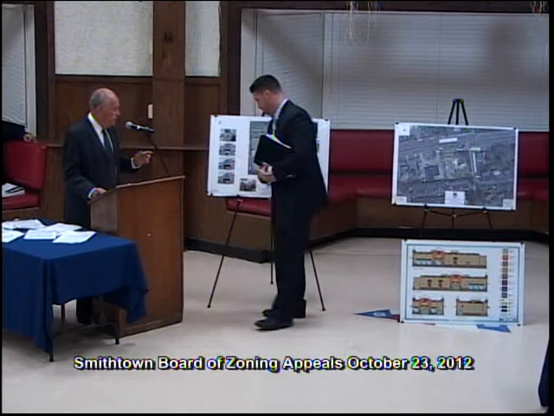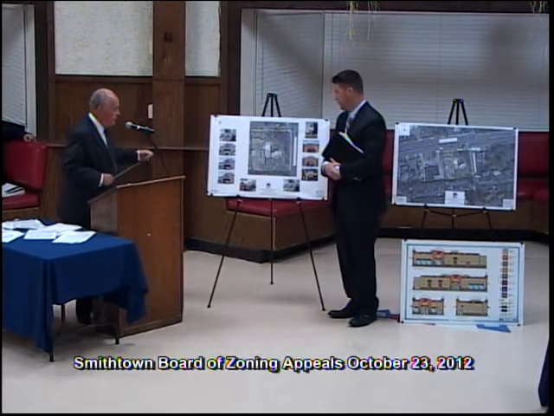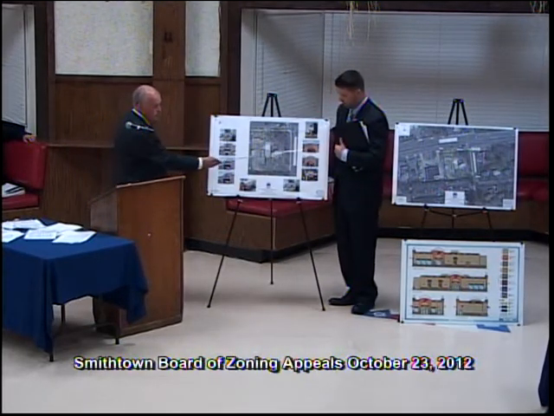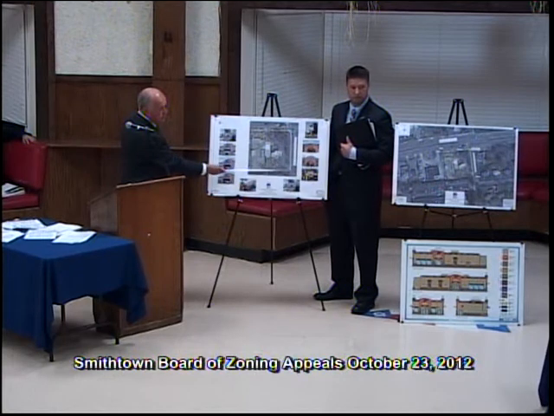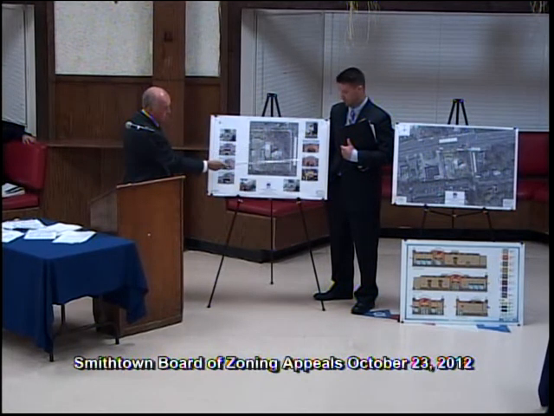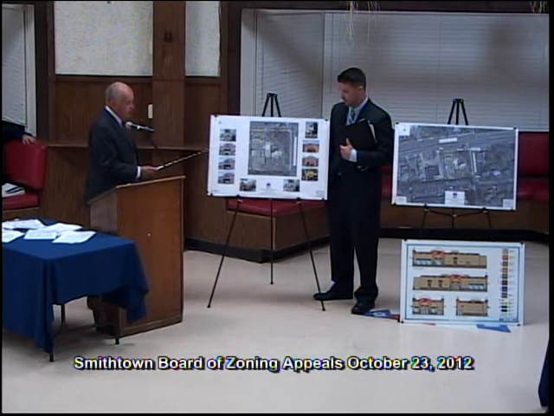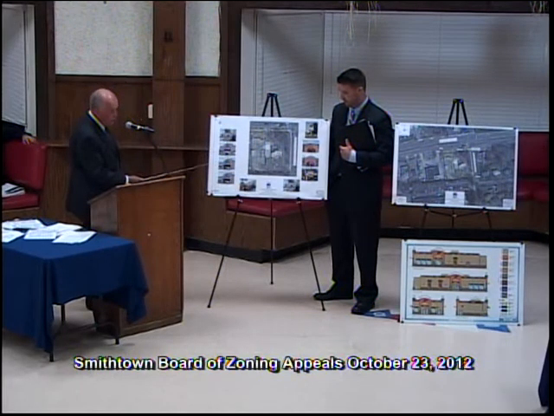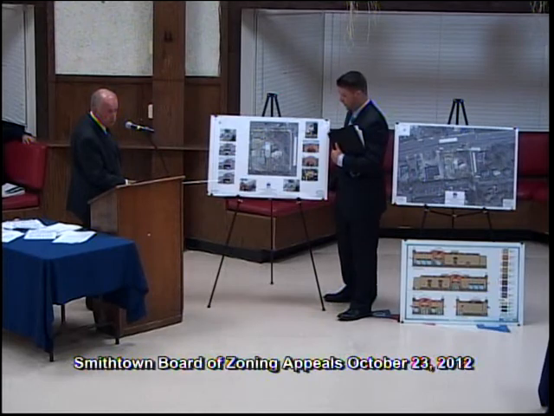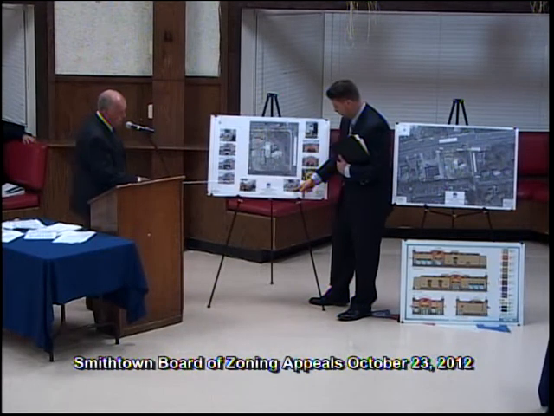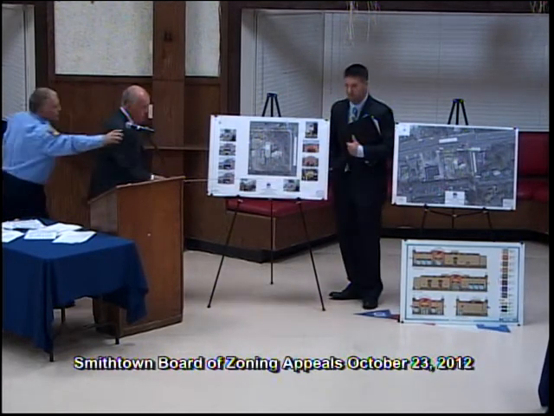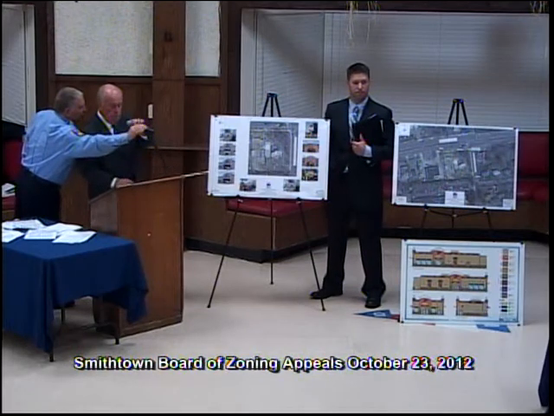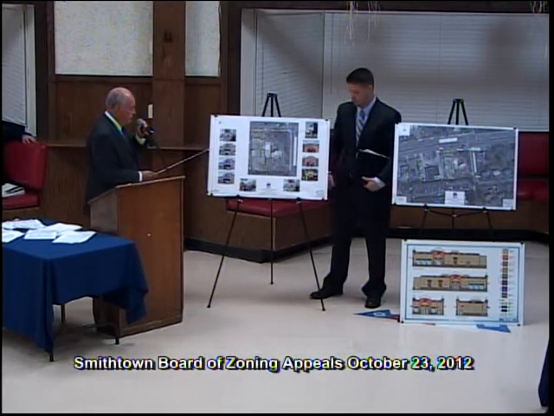What I'd like to do is, the signs here are the existing Taco Bell signs. All right, let me go through this. The signs here are the new proposed Taco Bell signs.